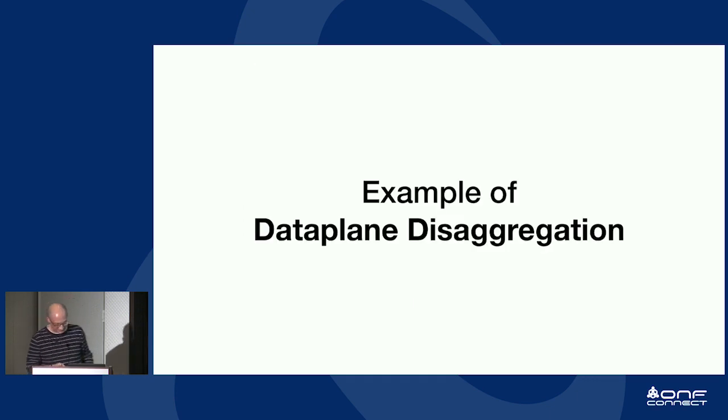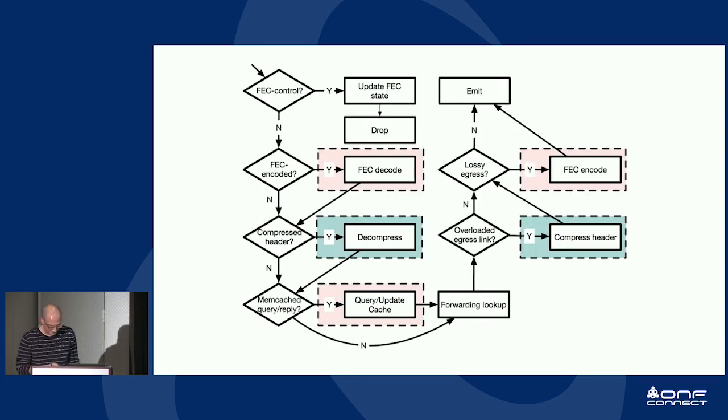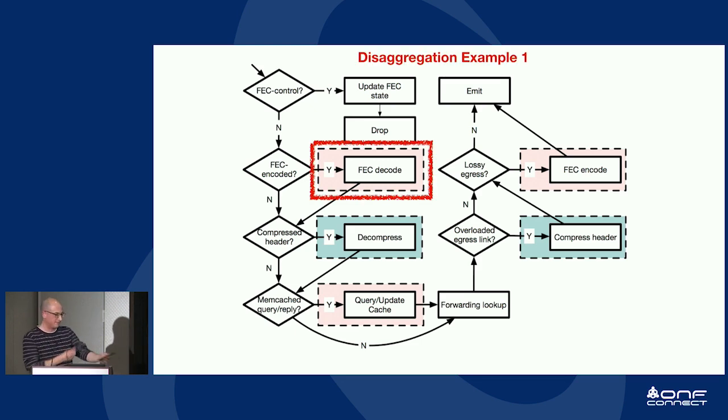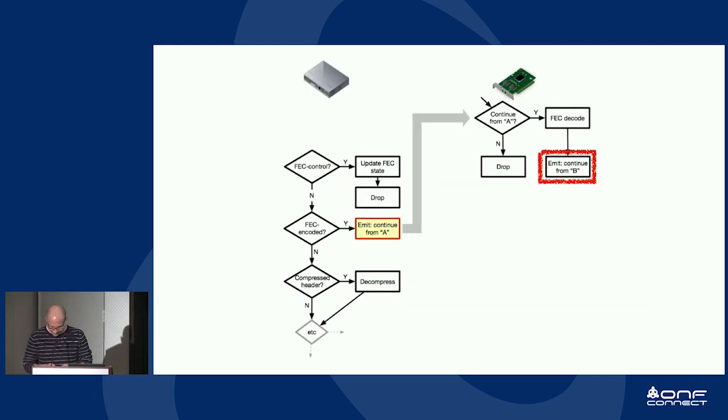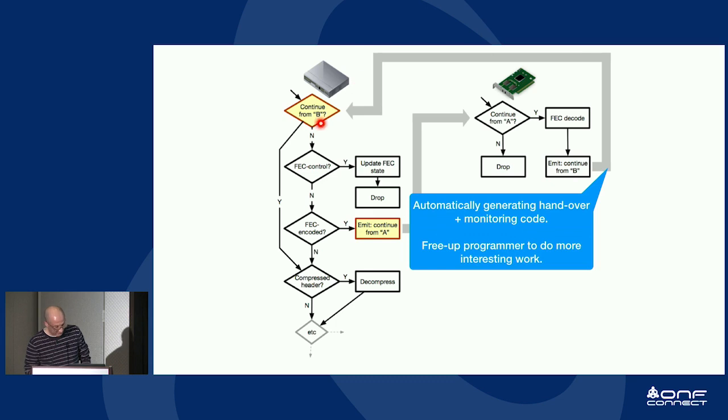Okay, so based on the example I gave you earlier, what would this look like? Well, for a very simple example, let's just think we want to offload the FEC decode part, right? So this would consist of a pretty simple program transformation where, instead of calling the FEC, we emit the packet with extra contextual information going to the target that can carry out the FEC decode step, and then have it return the result so that the logic can continue where we left off, right?